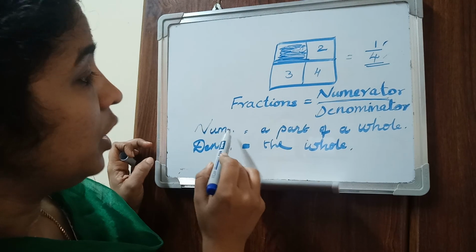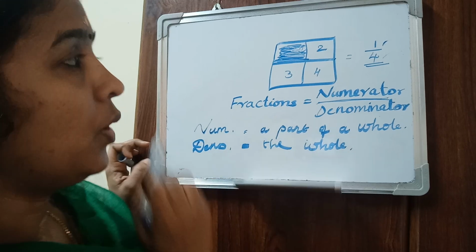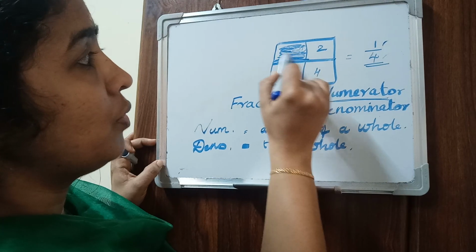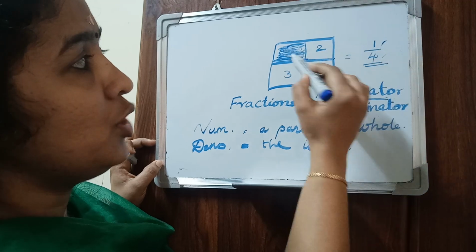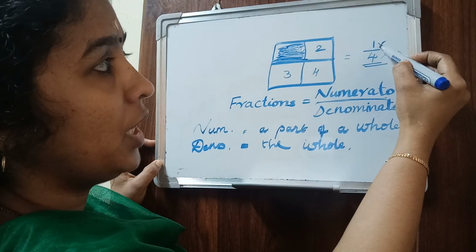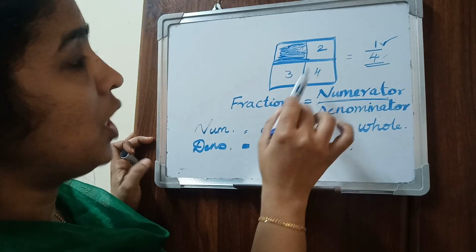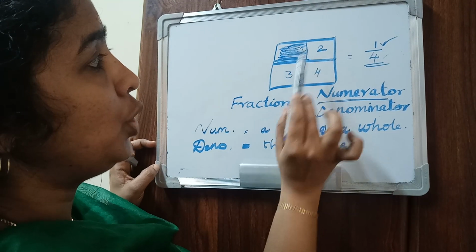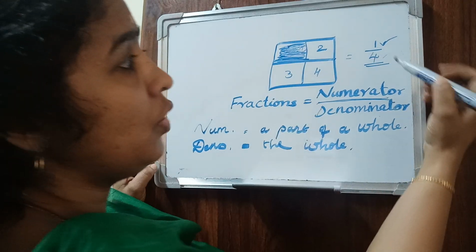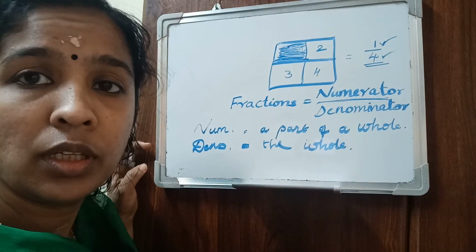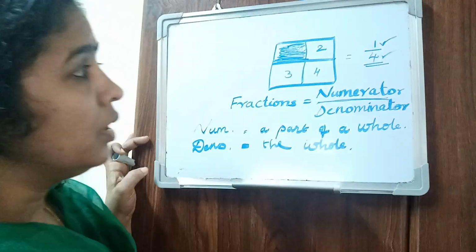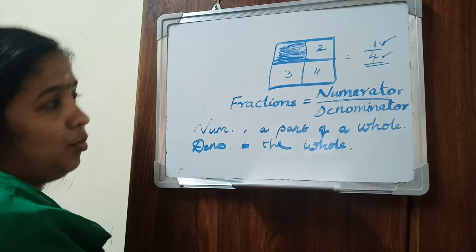So the numerator represents the part of the shaded region. That means only one part is shaded, so we have written it as the numerator. And the whole, that means how many parts are here? 1, 2, 3 and 4. So we have written here 4. Got it now? Again, another example.